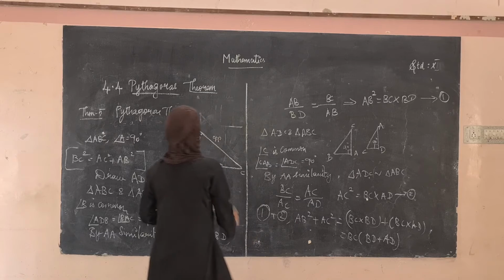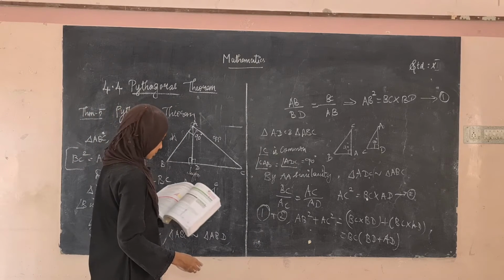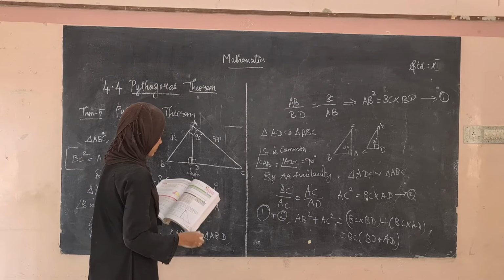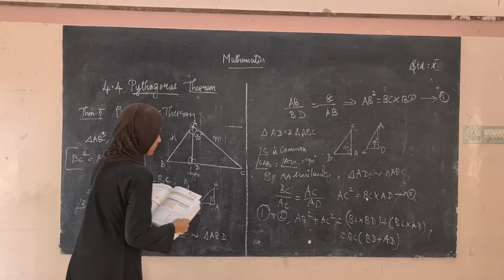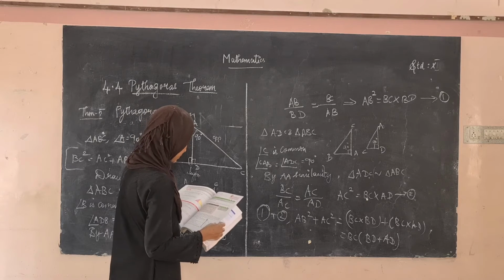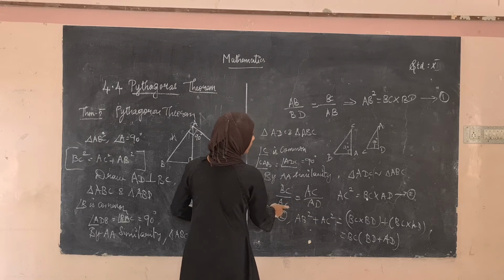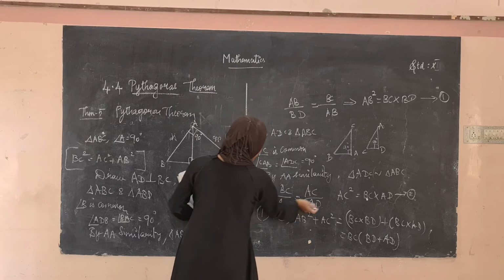In this triangle, AC divided by DC, right?